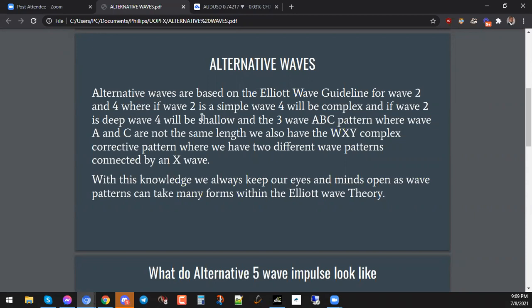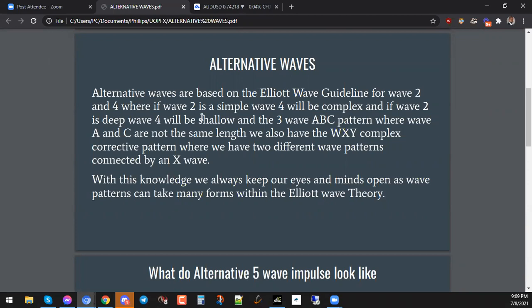Okay, so if your wave 2 is simple, then your wave 4 will be complex. And if wave 2 is deep, your wave 4 will be shallow. What makes this alternative waves is that you can have wave 2 being simple and wave 4 being complex. So these are two wave structures that share a relationship, and the relationship that they share is the fact that they alternate.